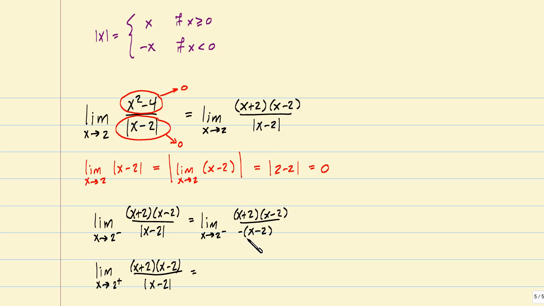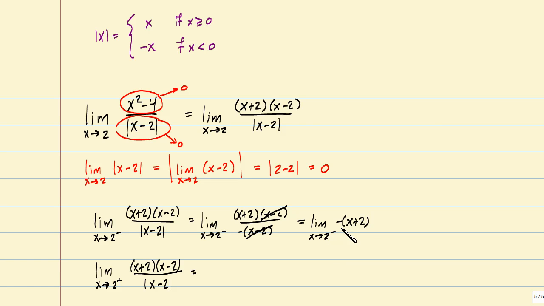And now we can see, sure enough, the x minus 2's can cancel, giving us the limiting value as x approaches 2 from the left of this x plus 2 that we had. But don't forget, that negative did not cancel away. We're still dividing by -1, or equivalently multiplying by -1.